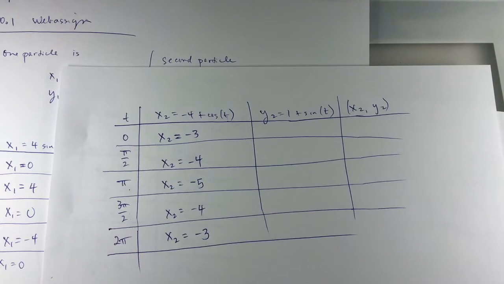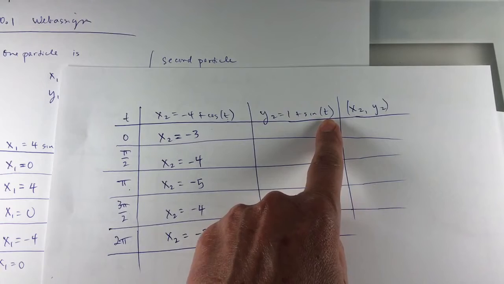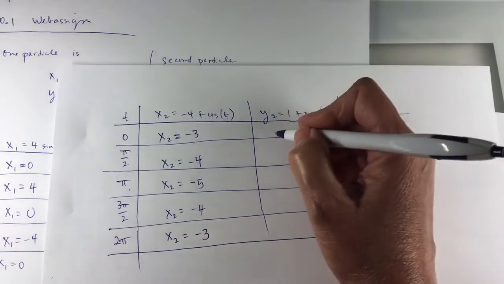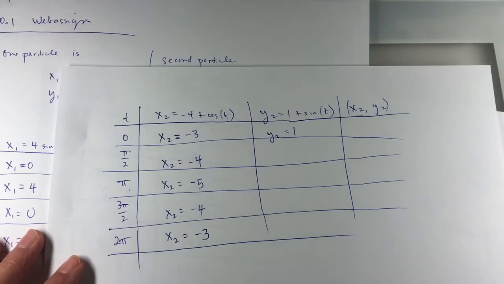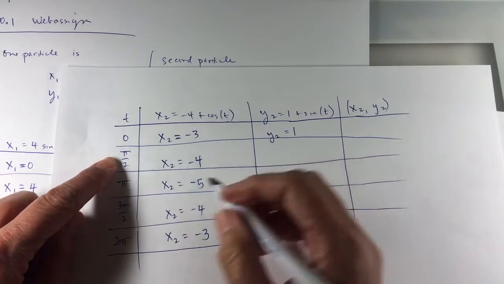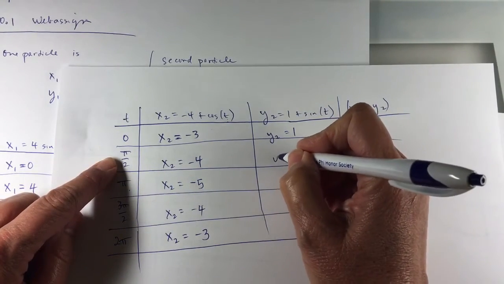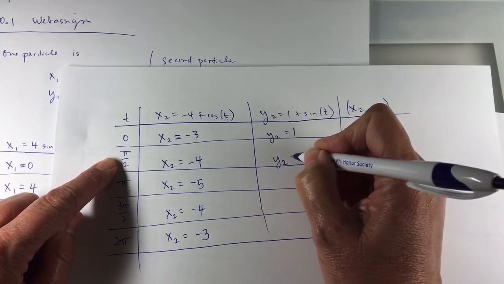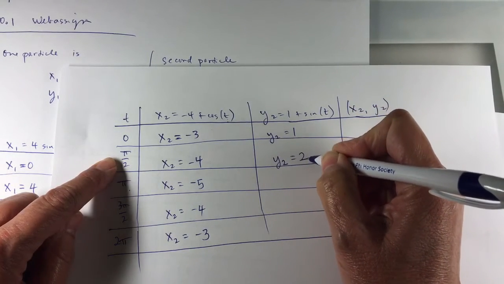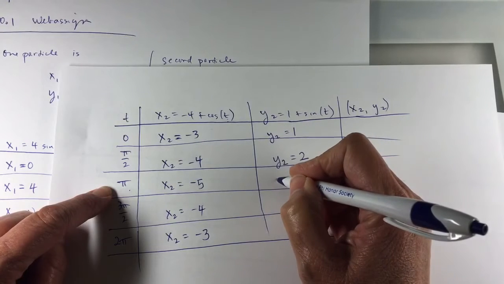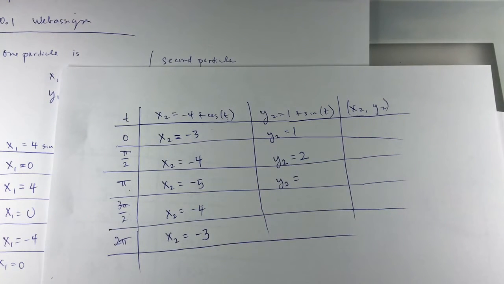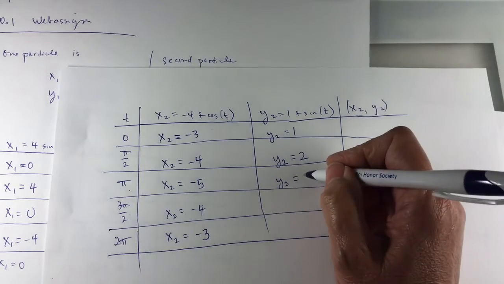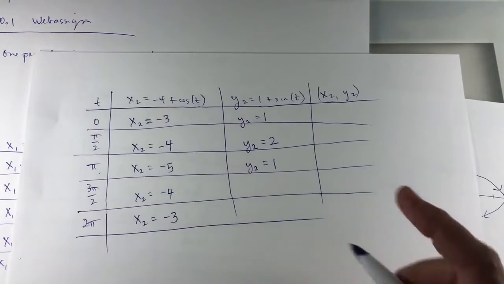And then for y sub 2, the sine of 0 is 0. So y sub 2 is 1 plus 0. The sine of pi over 2 is 1. y sub 2 would be 1 plus 1, that's 2. For pi, the sine of pi is 0. So 1 plus 0 is 1.